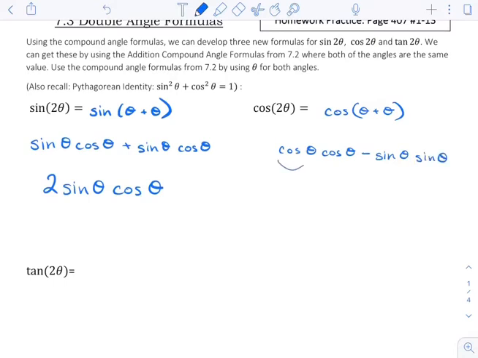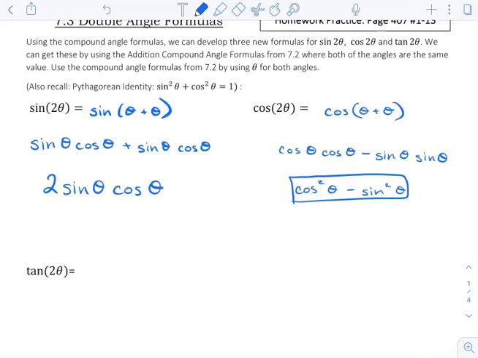So when I multiply cos times cos, I get cos squared. So that just becomes cos squared theta minus sine squared theta. That's its identity.